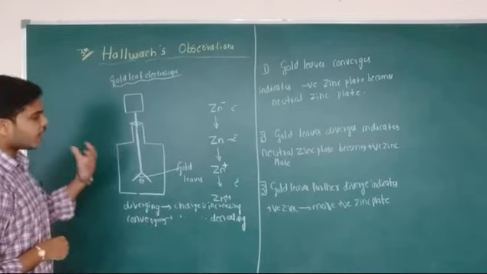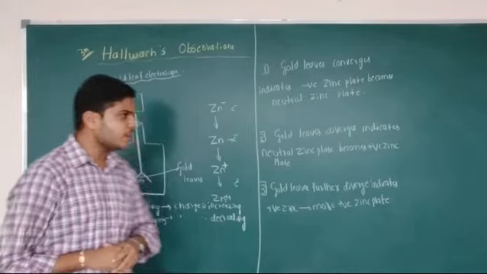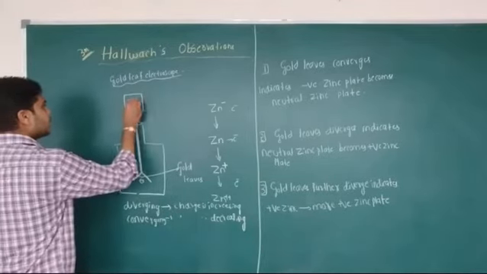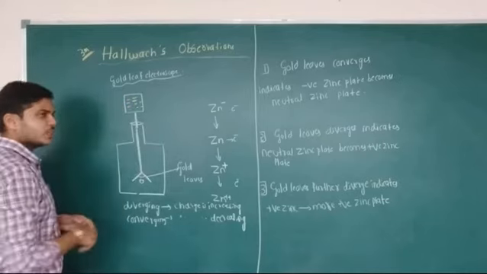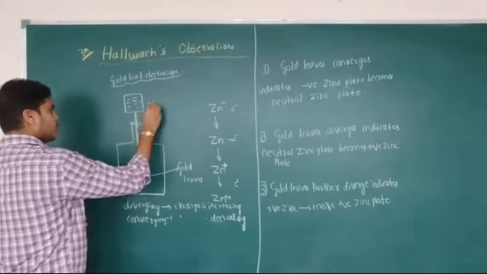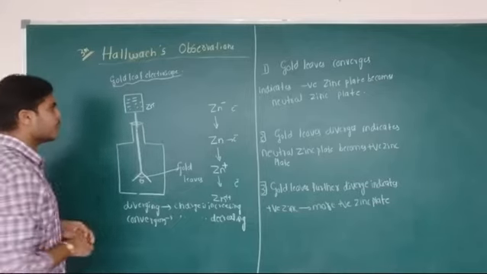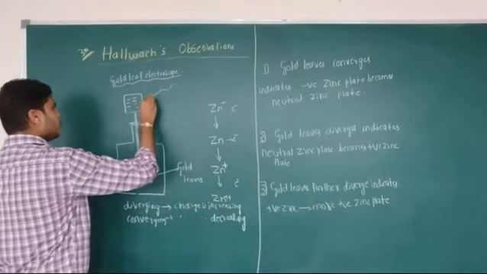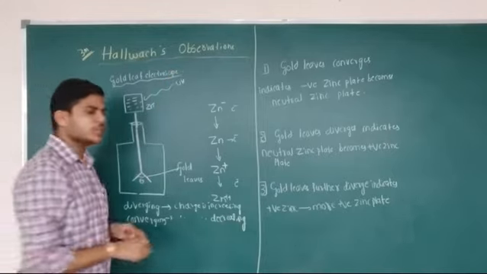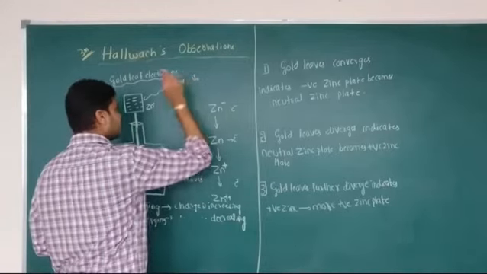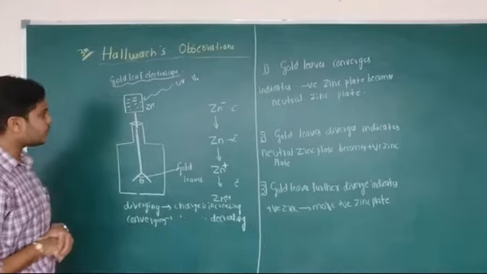Now, the scientist Hallwachs first took a negative zinc plate. He applied ultraviolet radiation, which is above the threshold frequency, to this negative zinc plate. What happens?